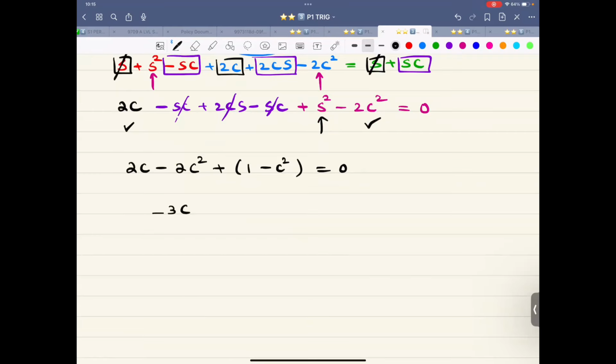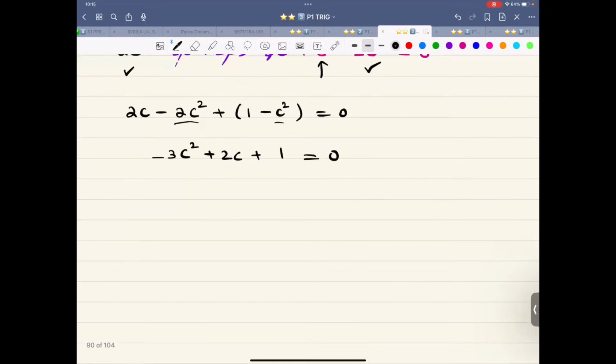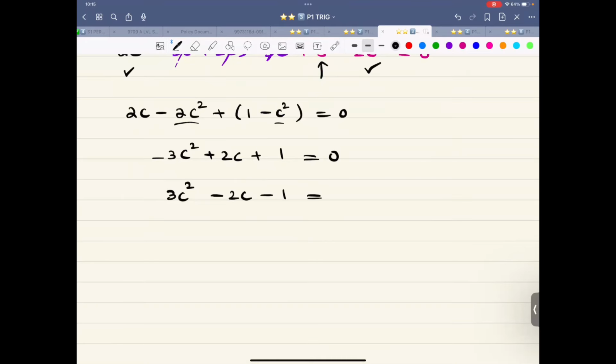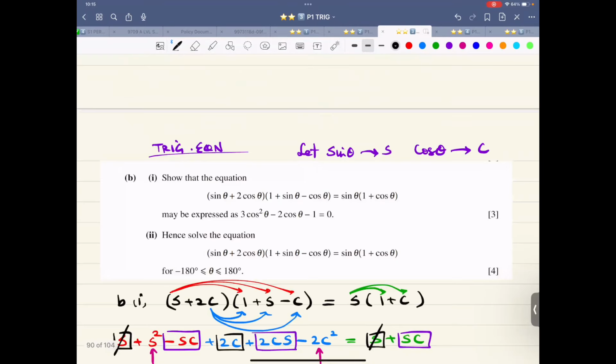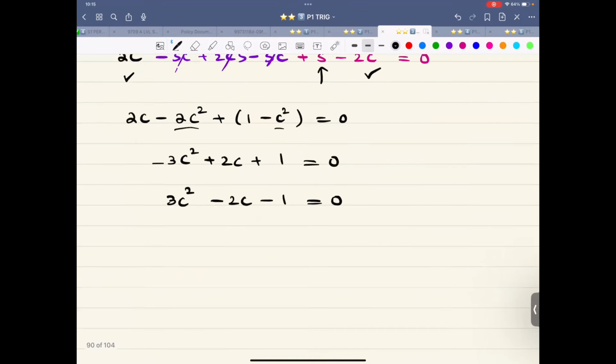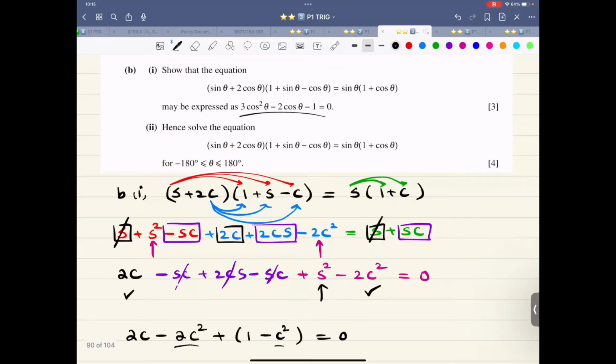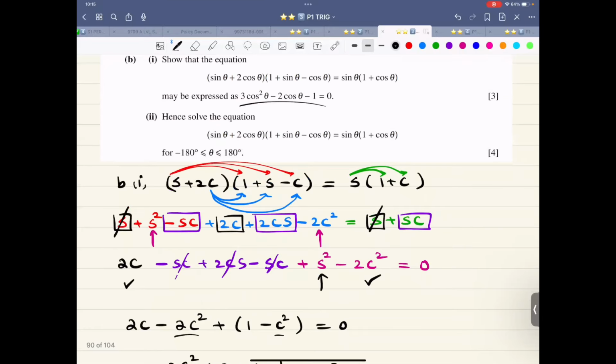Negative 3c square, this 2c square and this thing, negative 3c square plus 2c plus 1 equals 0. 3c square minus 2c minus 1 equals 0. Let's double check. 3c square minus 2c minus 1 equals 0. All good, all clear. How many marks have I attained? 3 marks. All good. So now the next thing, I need another page over here.